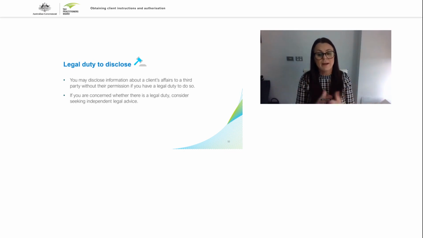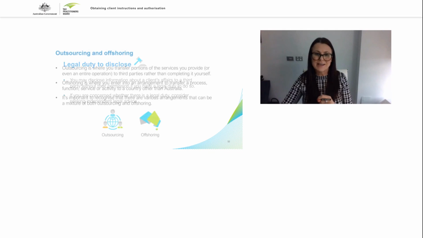So they're the areas that are the legal duty to do so. Now, Julie will send you more information on this after the webinar, but if you are concerned about your legal duty to disclose, you really should consider getting some independent legal advice.